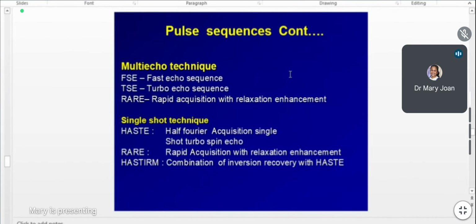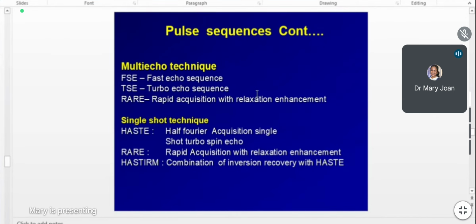And multi-echo techniques: FSE is the fast spin echo sequence, TSE is the turbo spin echo sequence, RARE is rapid acquisition with relaxation enhancement, HASTE is half Fourier acquisition single shot turbo spin echo. HASTIRM is a combination of inversion recovery with HASTE.